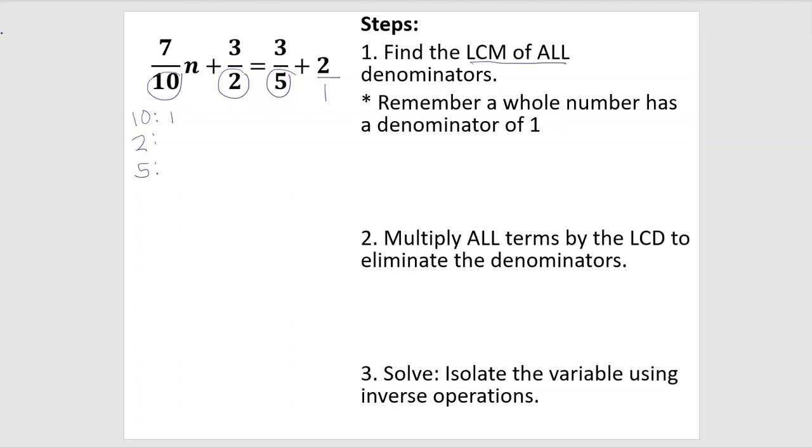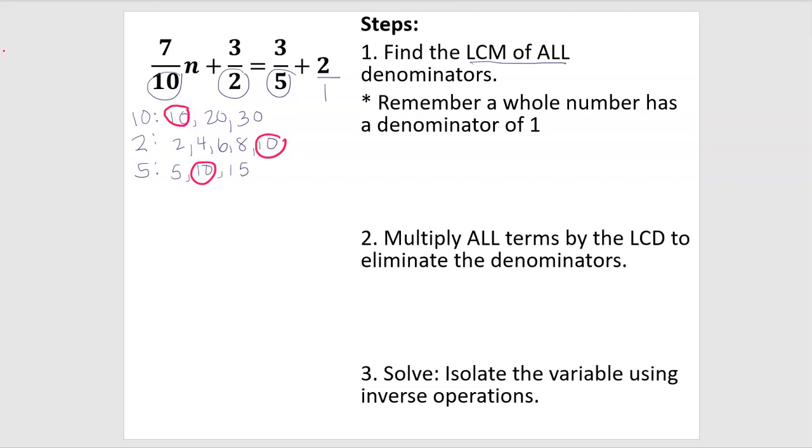But I'm going to show you what that looks like in case you don't remember how to do that. So I'm just going to skip count by my numbers. I'm going to skip count 2, 4, 6, 8, 10, and 5, 10, 15. And then I am going to go ahead and circle the numbers that they have in common. So 10 is the smallest number that all three have in common.